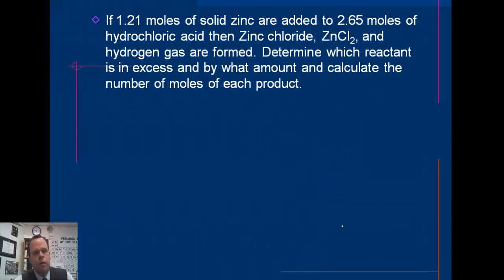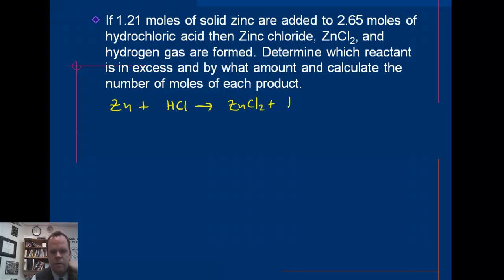We can do the same thing with any reaction. So here we have zinc being added to hydrochloric acid to form zinc chloride and hydrogen gas. So, first thing to do always, just as we've been doing with any stoichiometry, is write the balanced equation. So Zn plus HCl forms ZnCl2 plus H2, and the balanced equation is 1 to 2.